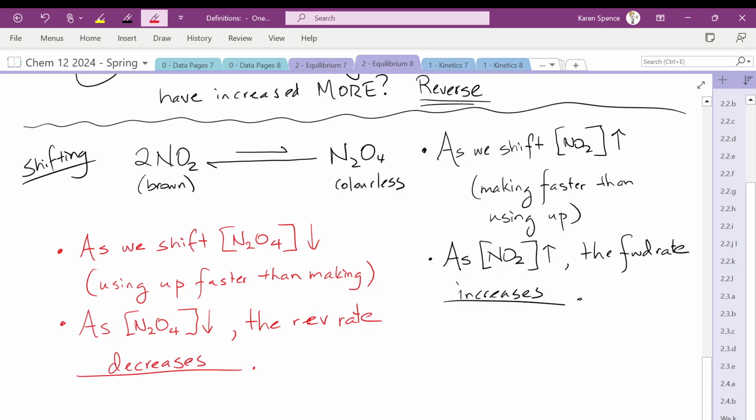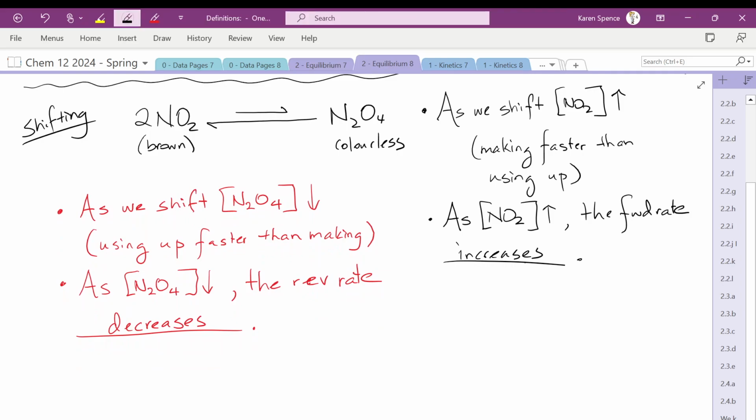So now we go from the shifting arrows to, what's going to happen to those two arrows? They're going to become equal.